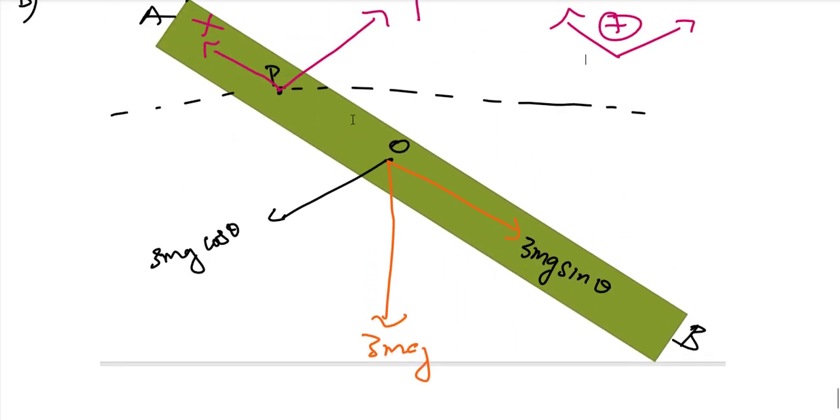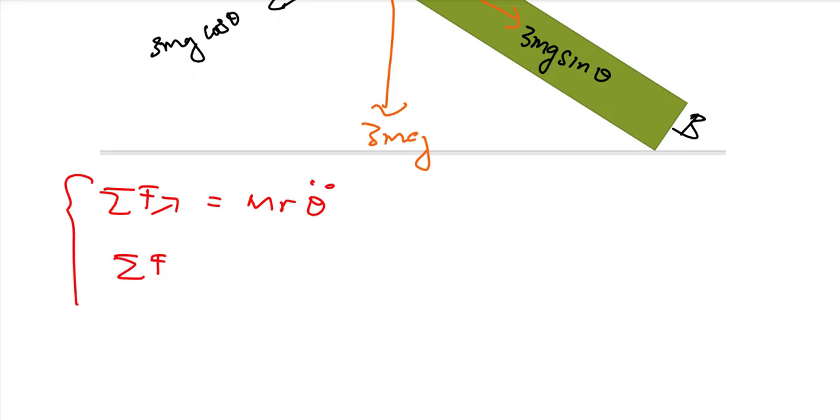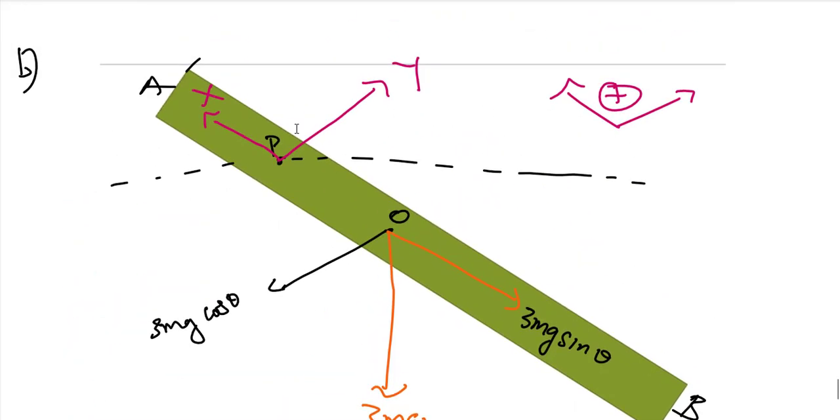Now we have to note that for the vertical system, that's along the incline in this direction, the sum of the forces along the incline will simply be equal to m r theta double dot, and the sum of the forces along this direction will simply be equal to m r theta dot squared. So it's just like we have a transversal component and a radial component.